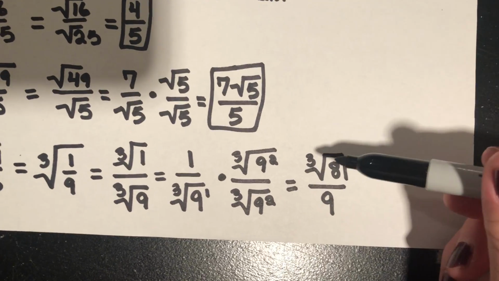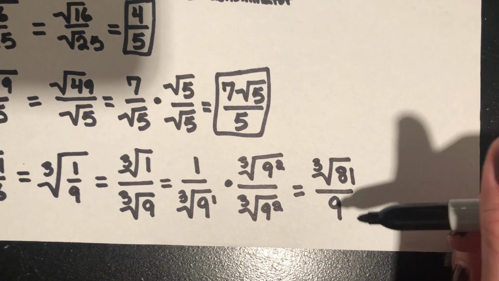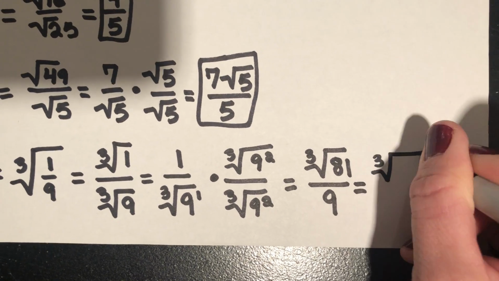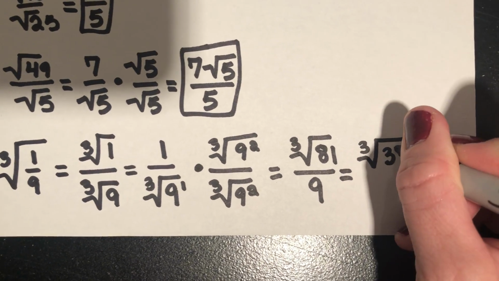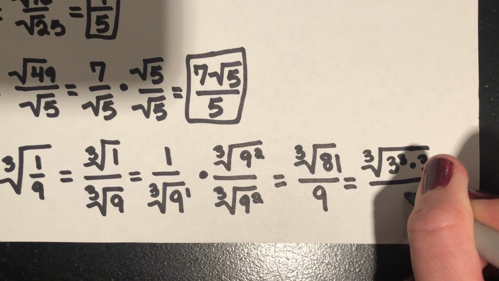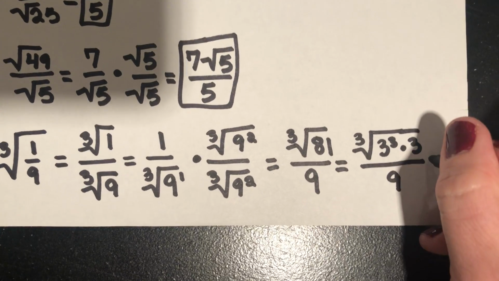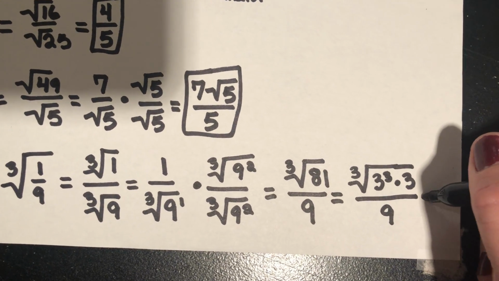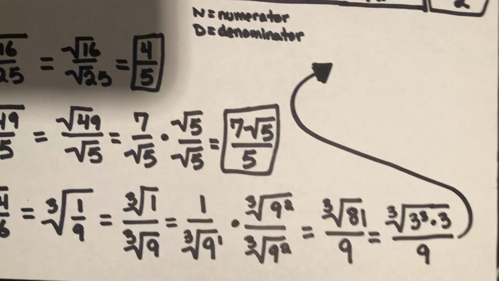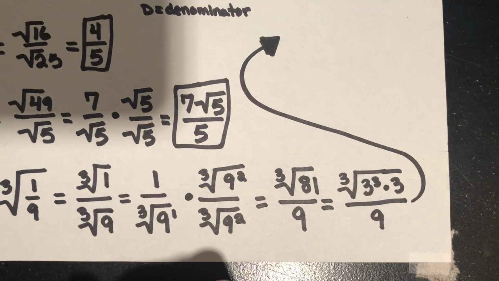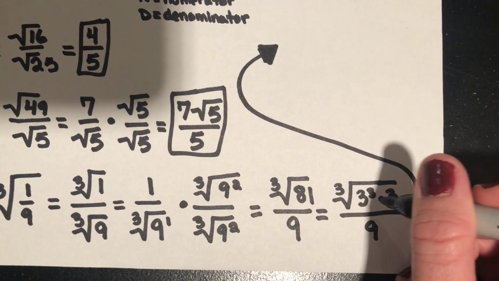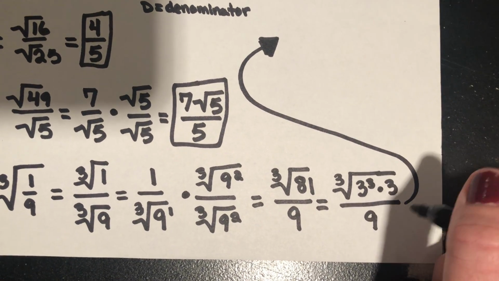We have a little bit more to go because the cubed root of 81, you can break this apart. Cubed root of 81 can actually be written out. Cubed root of, well, 3 to the third times 3. And this is all over 9. I'm going to be losing a little bit of room here, so we're going to go up here. Hopefully you can get that. We now have cubed root of, we left off with 3 to the third times 3 over 9.